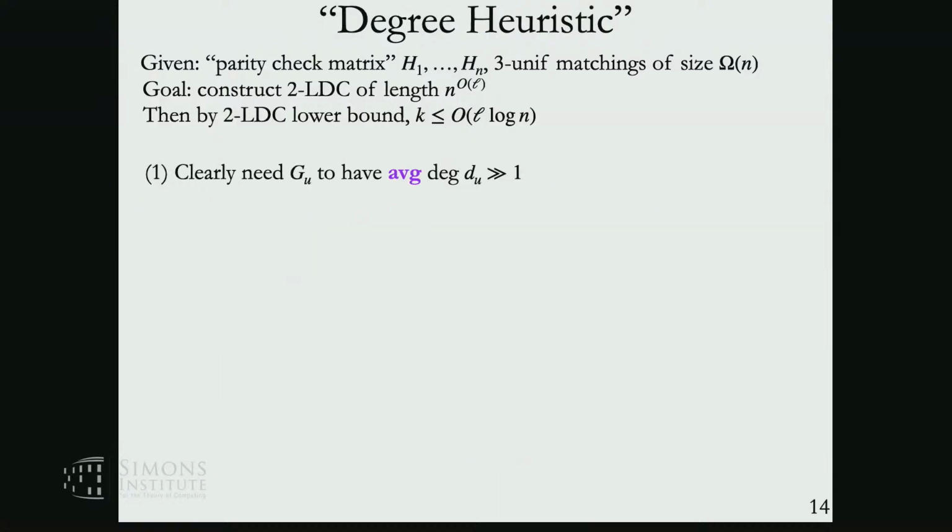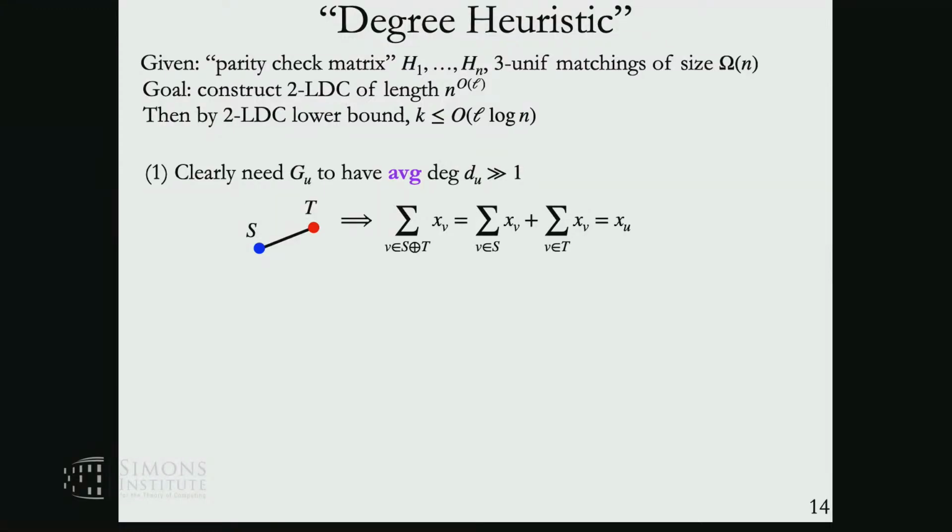Okay, so let me now explain how to construct a graph with large average degree. We have some edge S and T, which tells us that the sum over v in S of x_v plus the sum over v in T of x_v is equal to x_u. Notice that if v appears in both S and T, it's just going to cancel with itself. So this sum is just equal to the sum over v in the symmetric difference, which is the vertices that appear in S or T, but not both.